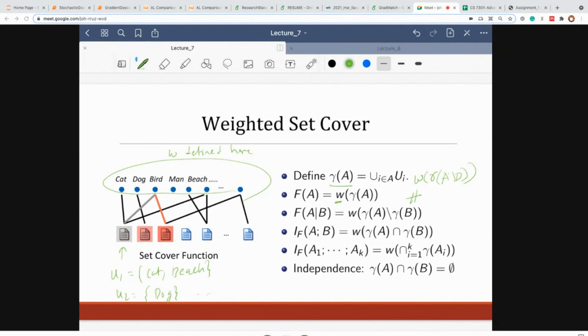Okay, so to make things very concrete, imagine that I have one which covers, say, cat, beach, person. I have two which covers beach, person, and I have three which covers dog, beach.